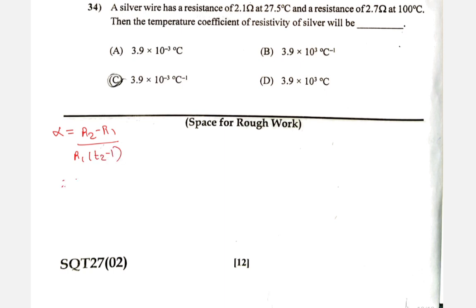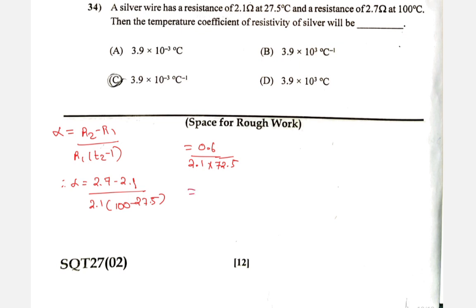Therefore alpha is equal to 2.7 minus 2.1 divided by 2.1 into 100 minus 27.5, which is 0.6 divided by 2.1 multiplied by 72.5.